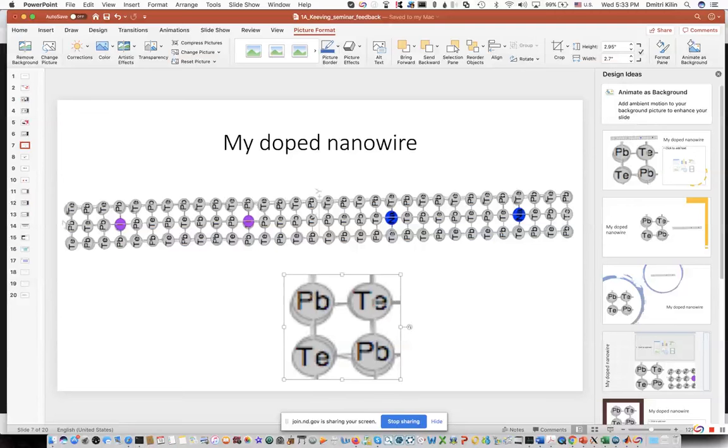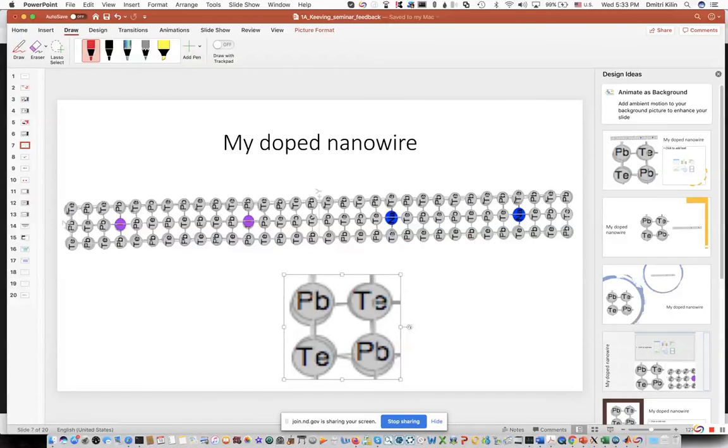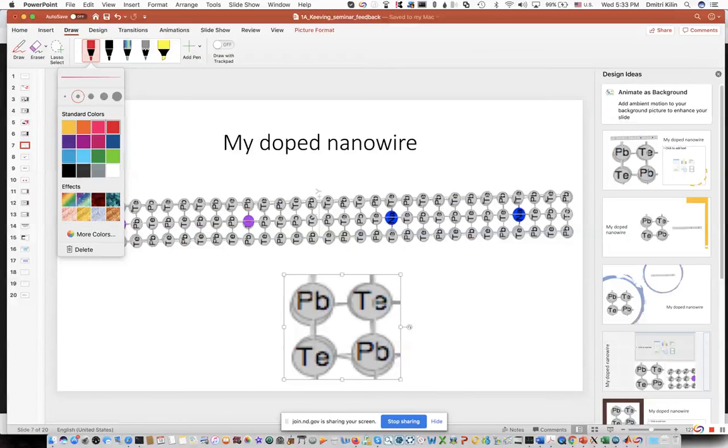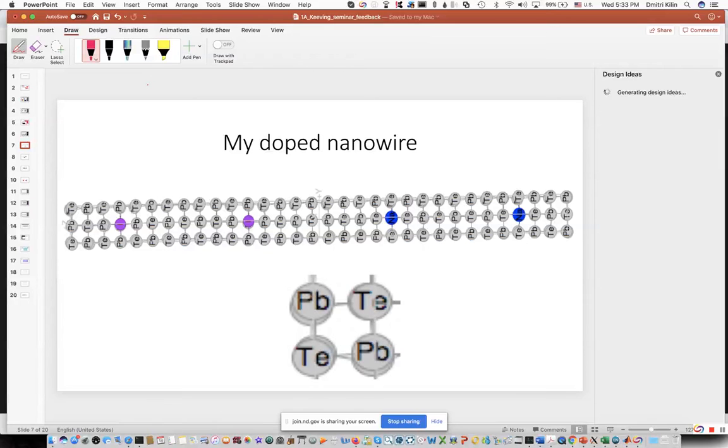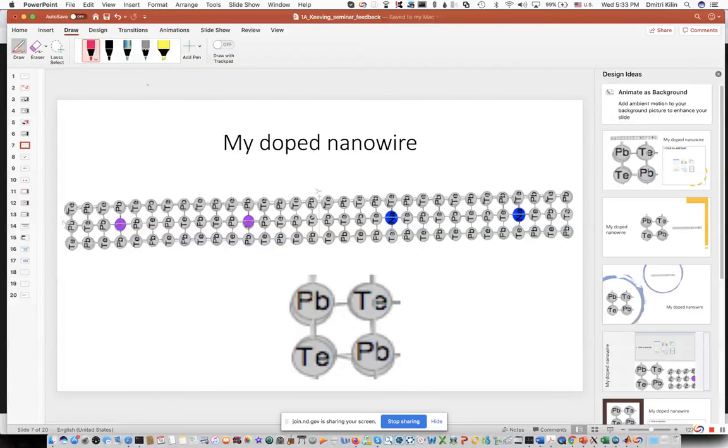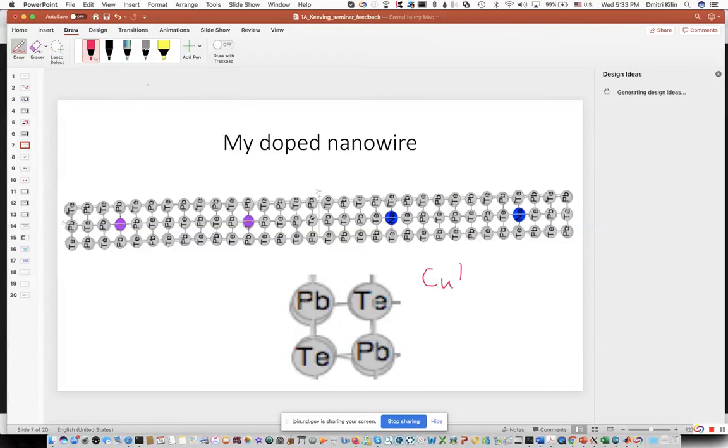Oh yes, absolutely. So could I add an equation of Pb2+ plus Te2-, and that equals PbTe? Is that an equation I can add? Yes, yes. It will be very appropriate here. All right, got it. I'll make a note of that.